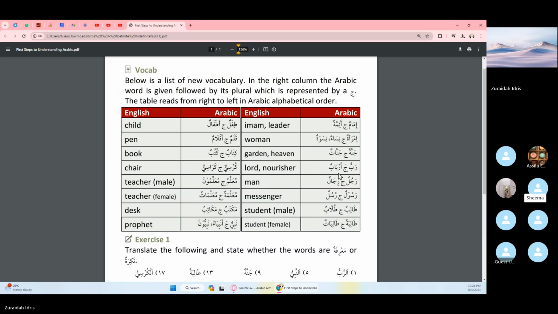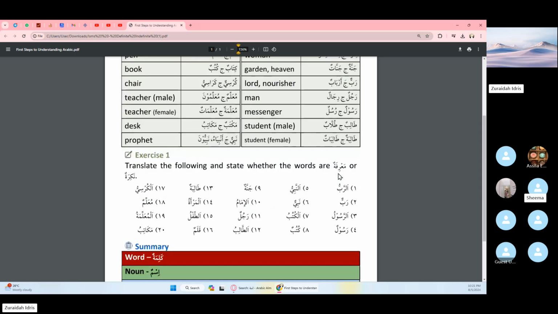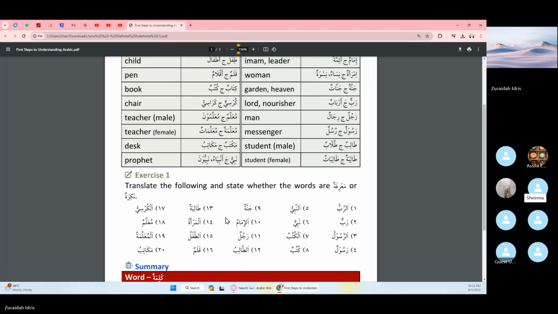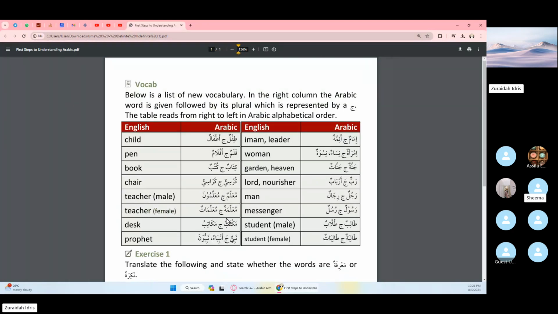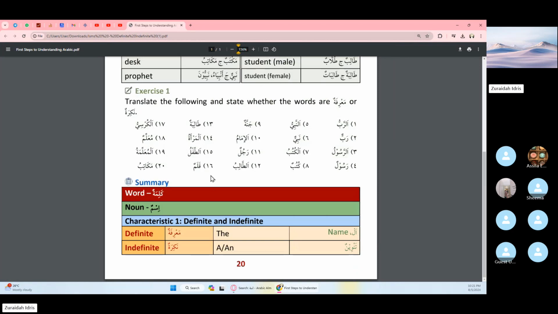Okay, I'll come back to you on that in the group. Mar'ah. Okay. Anything else? Mar'ah here is supposed to mean the ma'rifah of a woman, the woman.